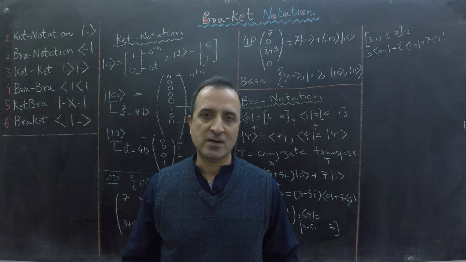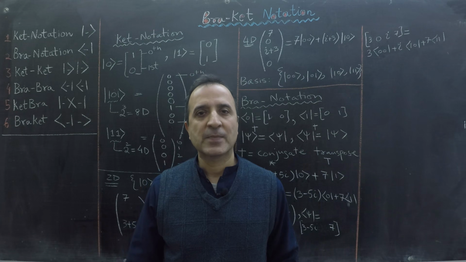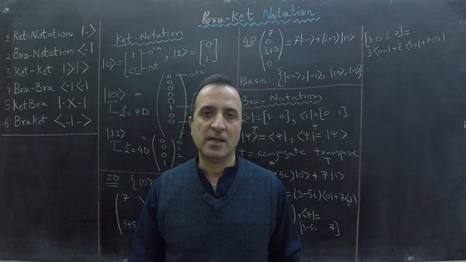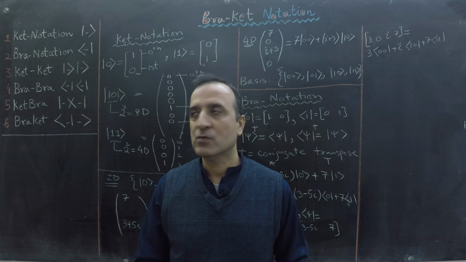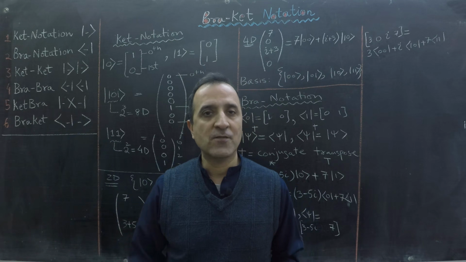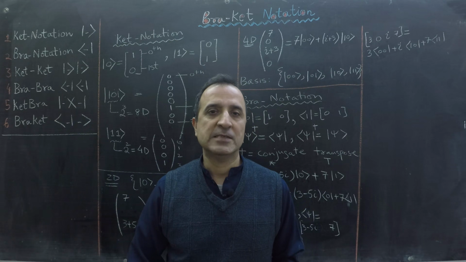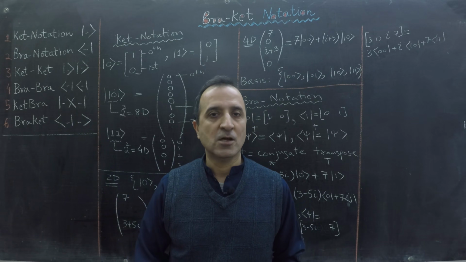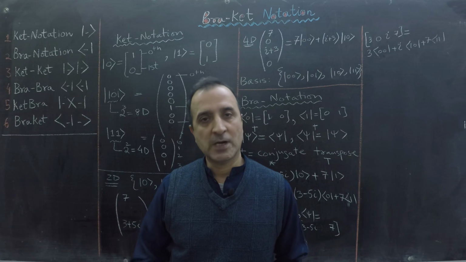So far we have learned that we can express any column vector whose dimensions are in the power of 2 using Ket notation, and we can express any row vector whose dimension is in 2's power using Bra notation.